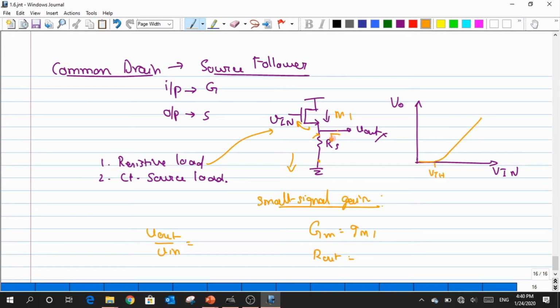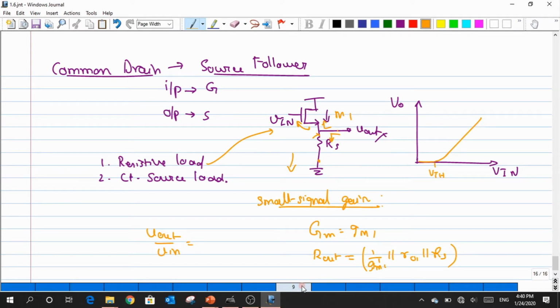So again, when I look down, I'm looking at an RS value, okay? When I look upward, I have 1 by Gm1 in parallel with RO1, and if you want body effect, we can just put a prime here, and then everything goes in parallel with RS. Okay? So you just multiply both these quantities to get the gain.